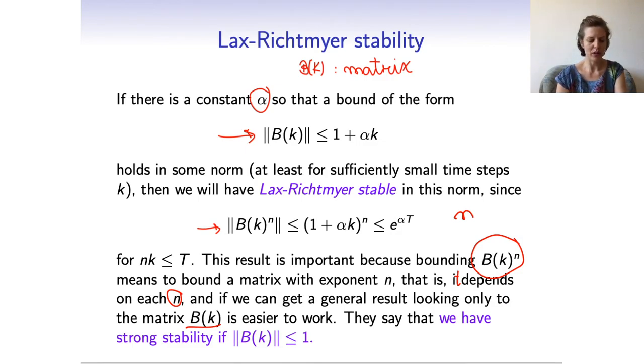They say that we have a strong stability if this here happens. So if in some norm, the norm of the matrix B is no more than 1.